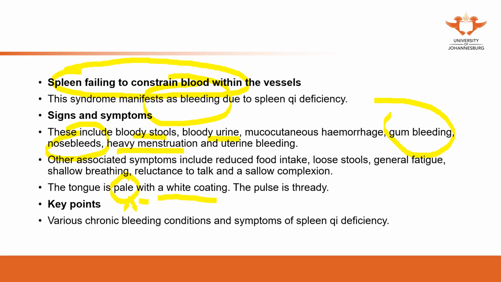If the gum bleeding or nose bleeding comes with a red tongue, that's from heat, from fire, from stomach heat or liver heat.